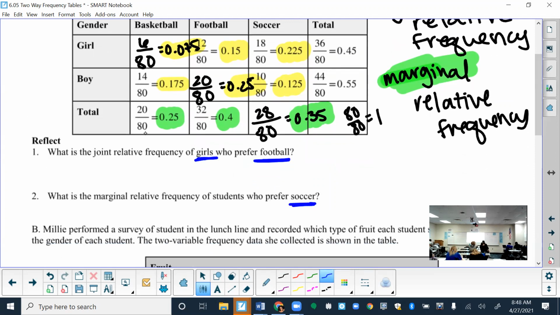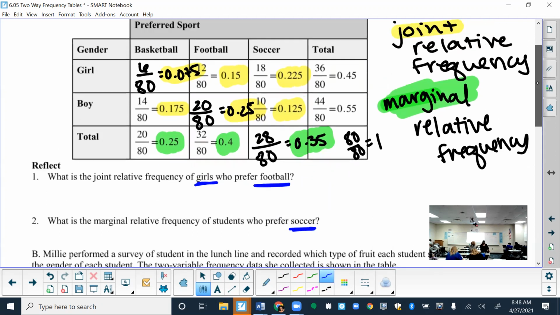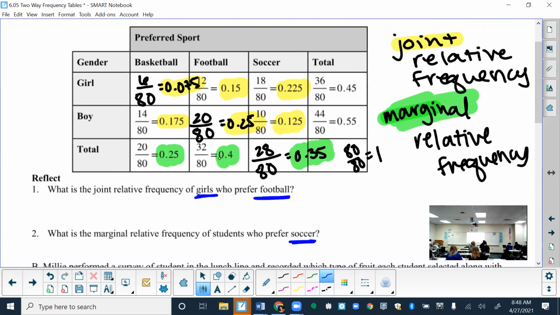All right, for the first one, girls that prefer football, is that going to be what's highlighted in yellow or green? Good, because it's the joint relative frequency. I need to be looking towards the center of the table if I'm looking for two categories at the same time. What is the joint relative frequency of that? 0.15 and 15%. Good. It's this box right here.